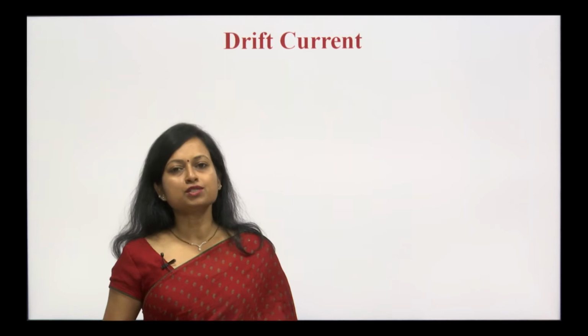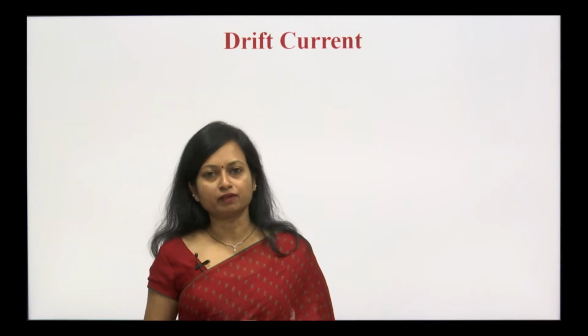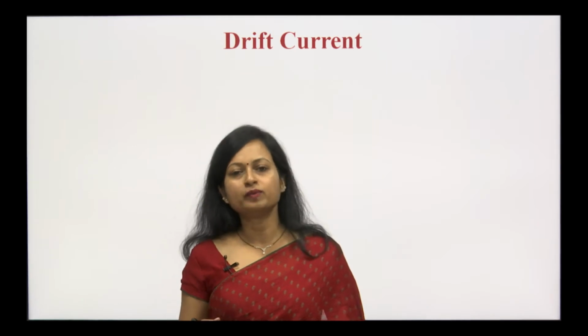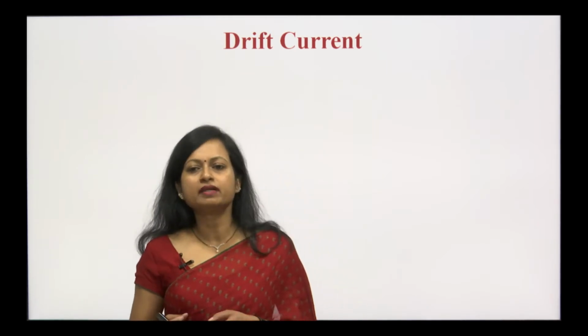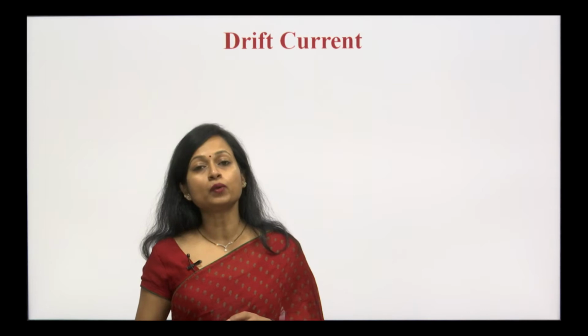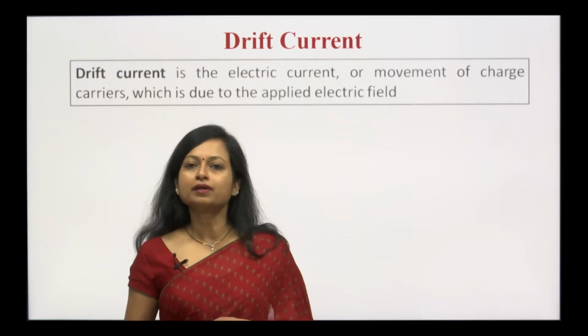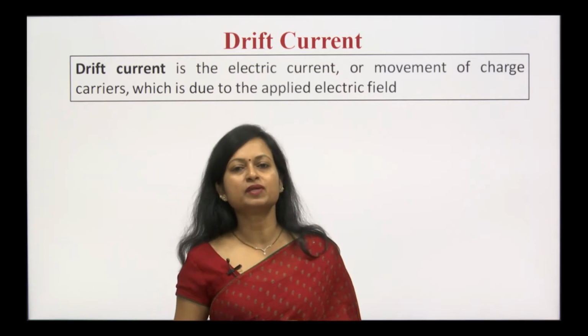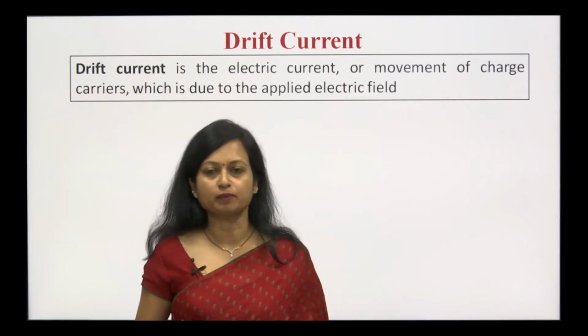Drift current. First, you have to understand what is drift, what is the literal meaning of drift. In general, you must be familiar with this particular word. Drift is something carried along. In the case of semiconductors, you have to study the concept behind it and how to define it mathematically.